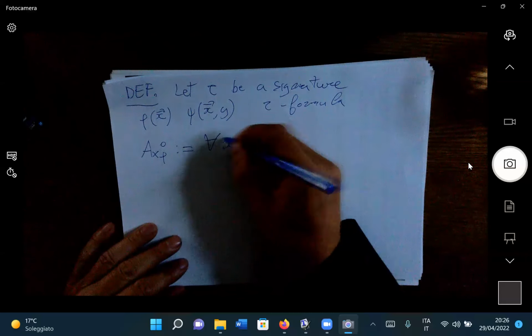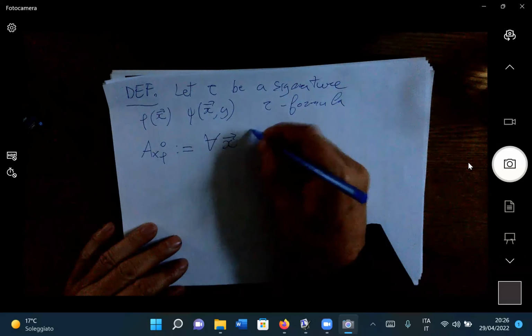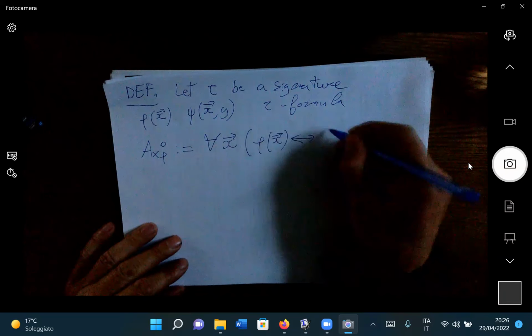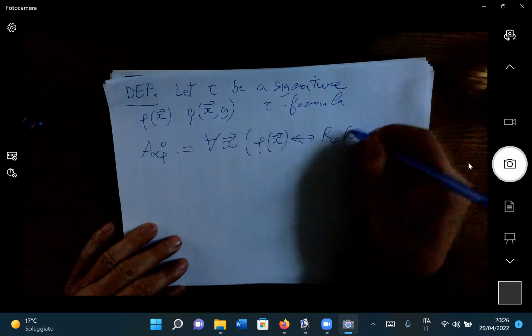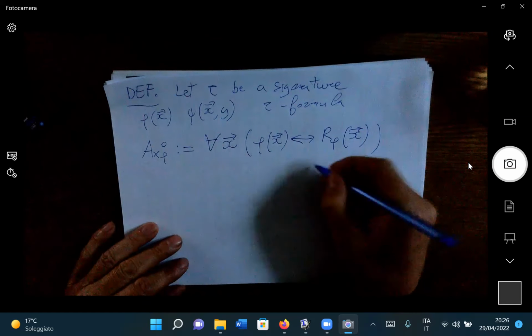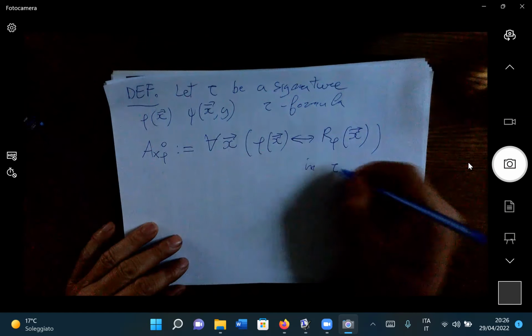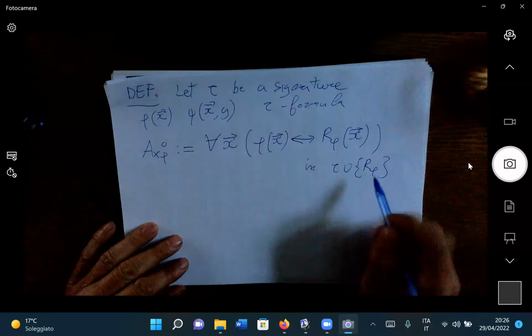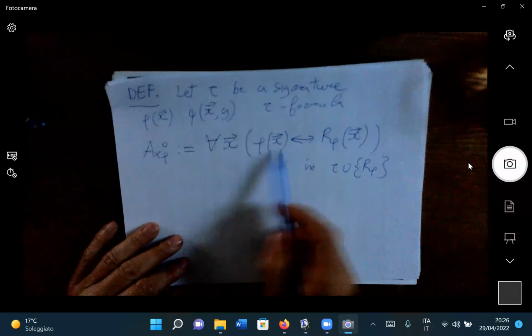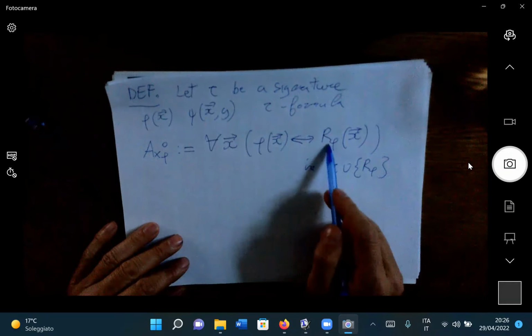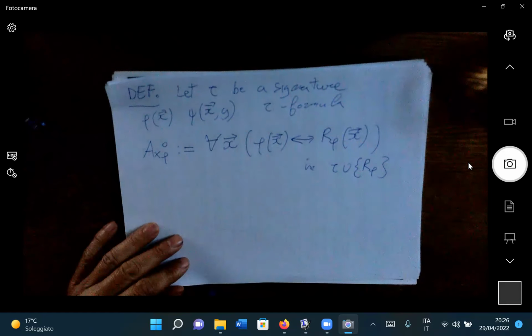Well, you can imagine we do this: phi x is equivalent to R phi x. So we add in tau union R phi a relation symbol of the correct arity and we predicate that whenever we have the formula phi true, we also have the atomic formula R phi true.